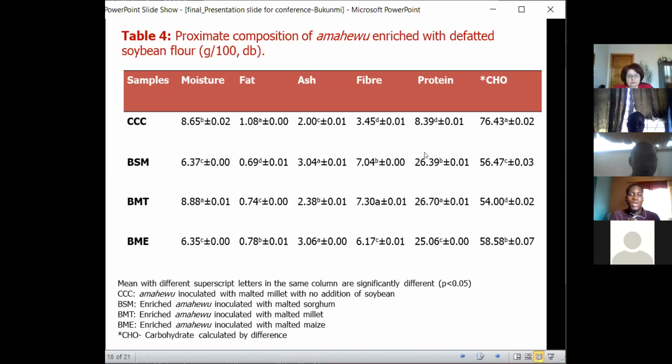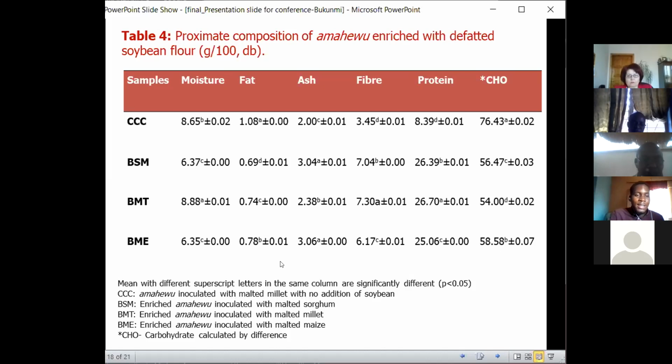The addition of soybean helped increase the protein content to an average of about 26%, from 8 to 26. This means that soybean addition is effective to improve the quality of amayu, especially in terms of protein. You can see that the carbohydrate content has reduced, the ash content has increased, but the fat content has reduced too, which is positive.